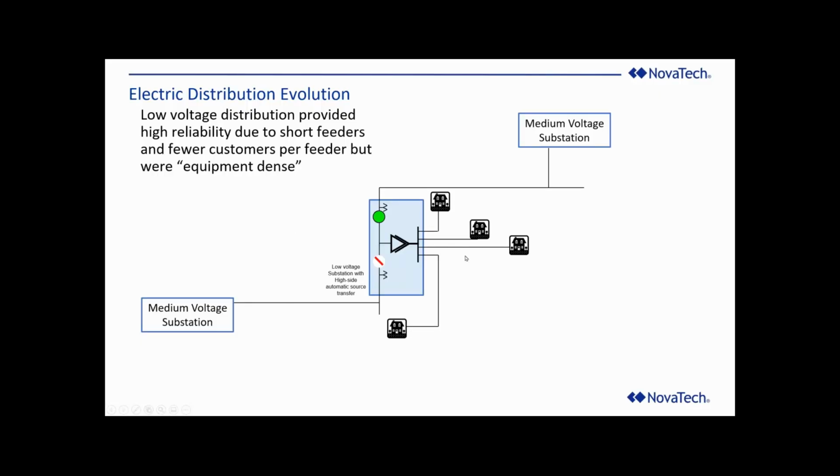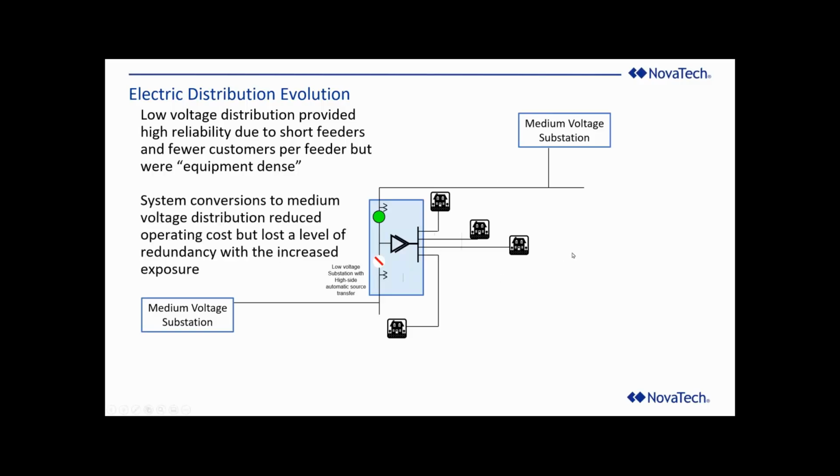They were served from larger substations at a higher voltage. There would generally be some kind of automatic changeover, either on the high side of the substation or on the bus, that would transfer load if the source to that substation was lost.